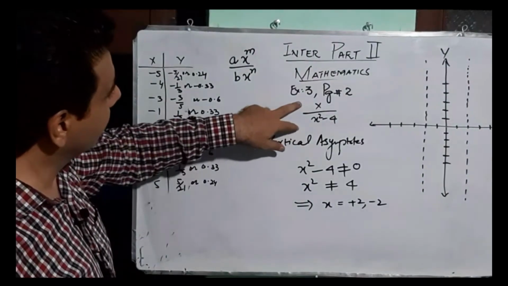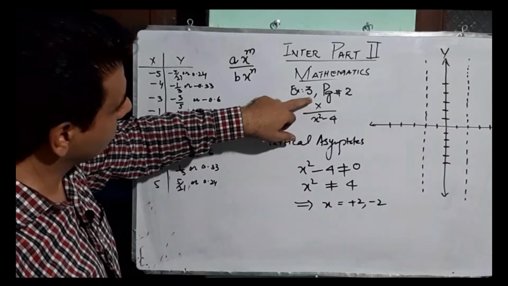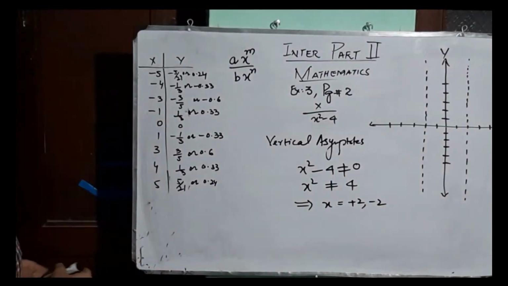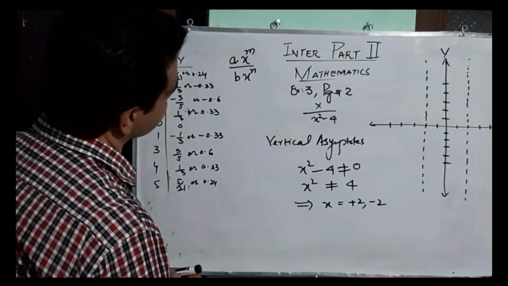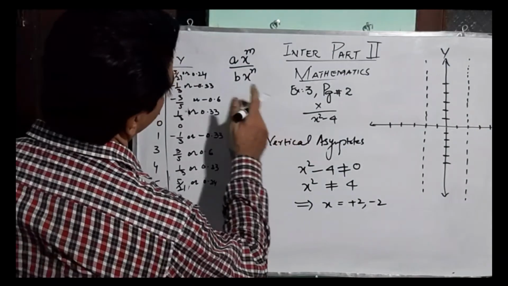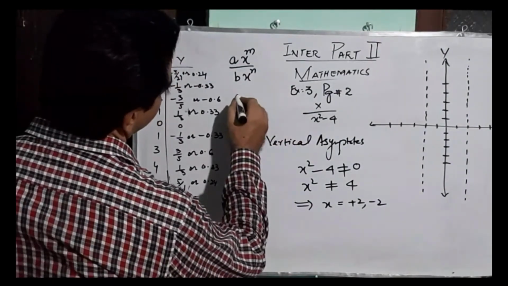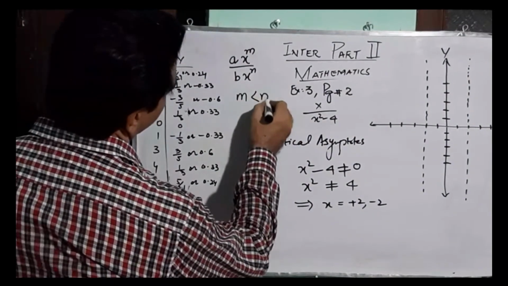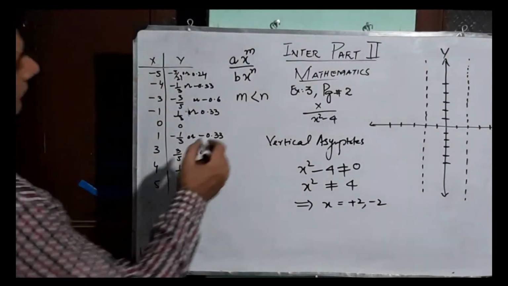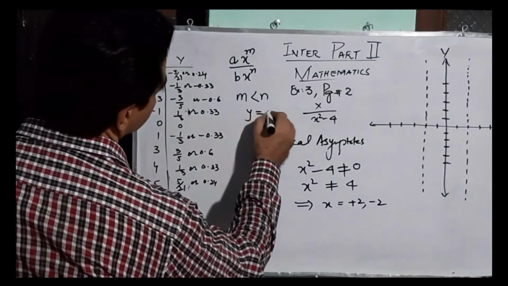The degree matters here, numerator and denominator. If the degree of the numerator is less than the denominator, then the horizontal asymptote will be y equals 0.